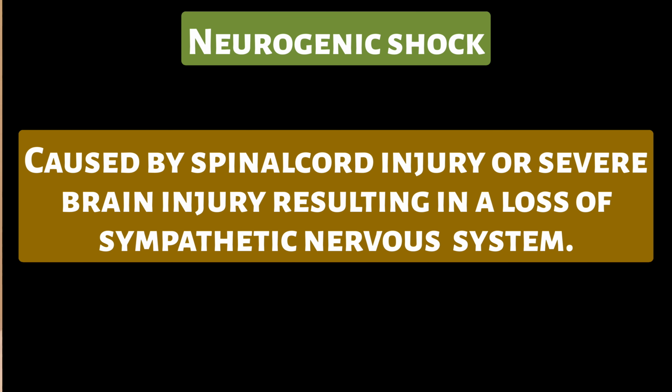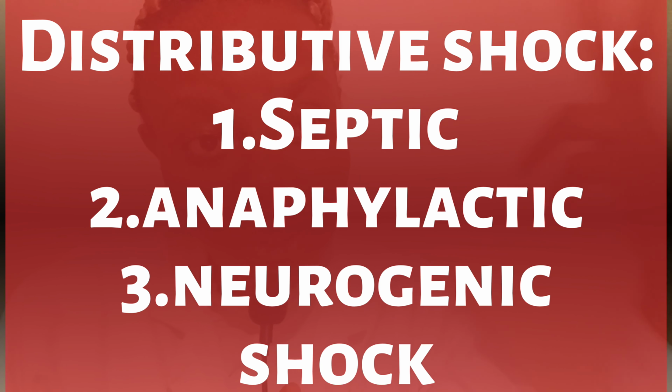From there, the signals will be transmitted to various organs and tissues throughout the body, and these will bring about the appropriate physiological responses and prepare for action. So you understand the connection between the sympathetic nervous system and the spinal cord. So distributive shock, and under that we have 3 types of shock.